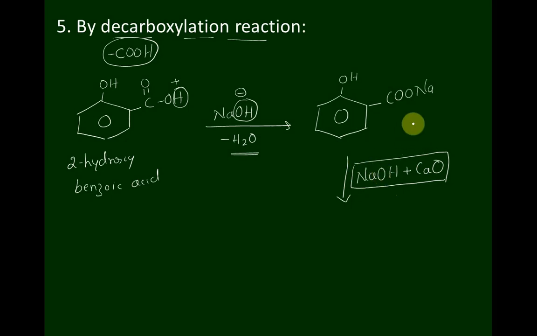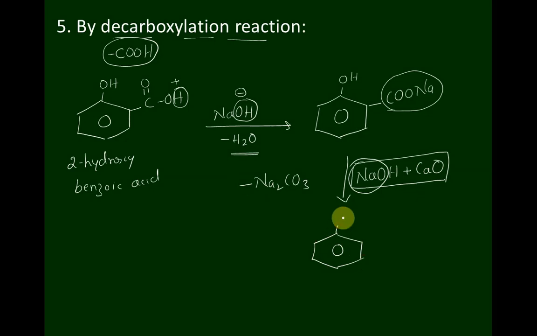Here, this group gets completely removed along with NaO in the form of Na2CO3 to form the respective phenol, OH. So it is a very simple method of preparation of phenol from the decarboxylation reaction.